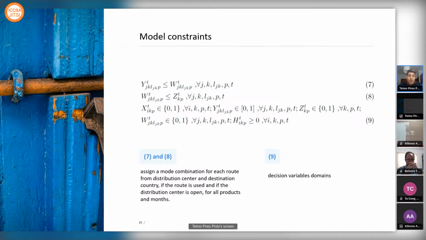This applies to all the products and to all time periods. Finally, the well-known constraint defining the domains of decisions in 9.